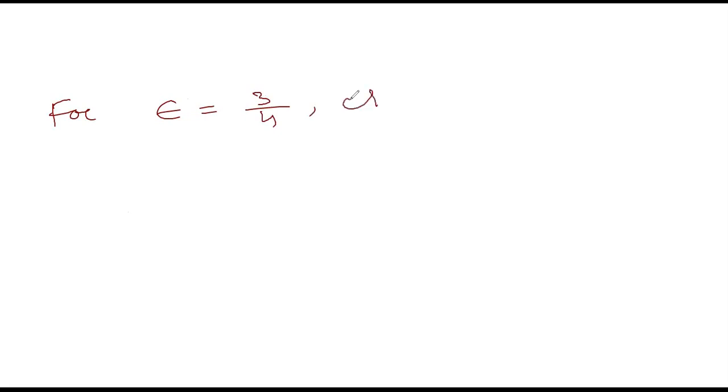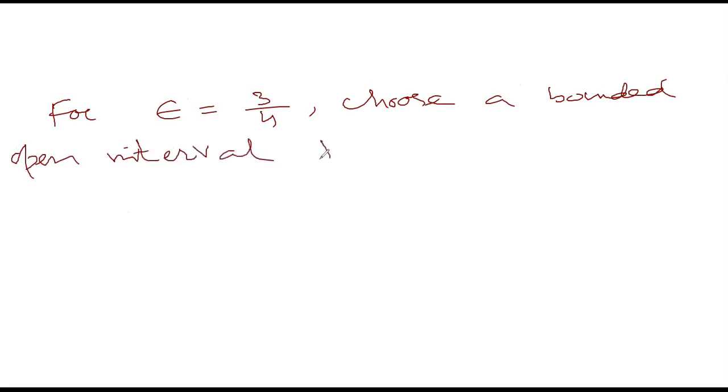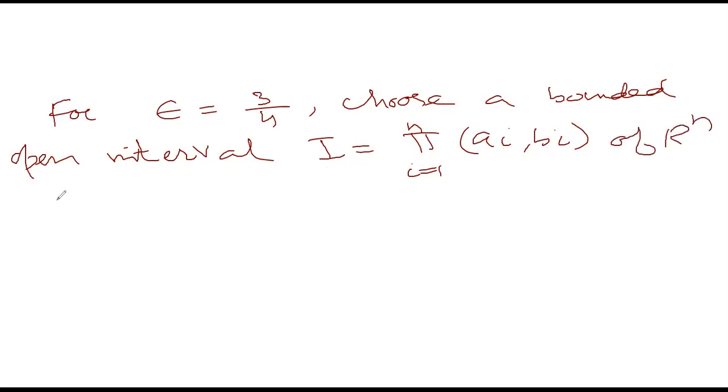We can choose a bounded open interval I, which is the product of n copies of bounded open intervals of R. This I is a bounded open interval of Rn, which means it is equal to the product of n copies of bounded open intervals of R.